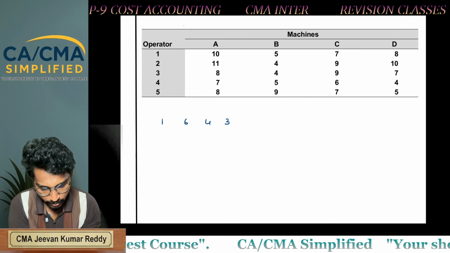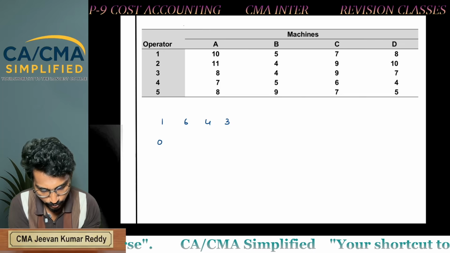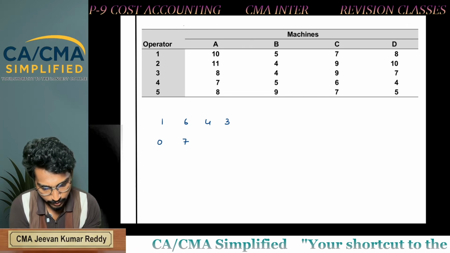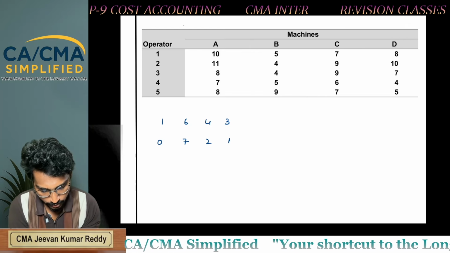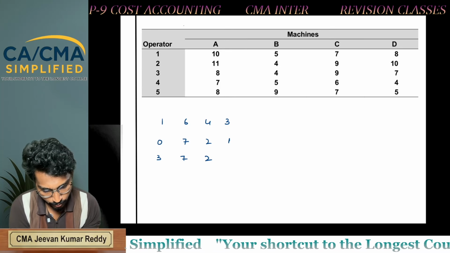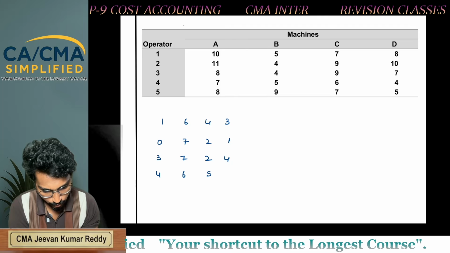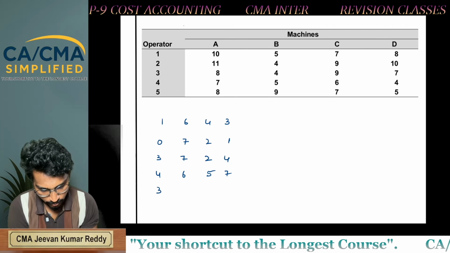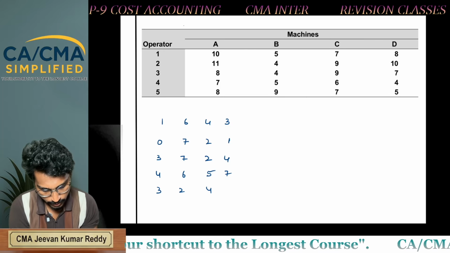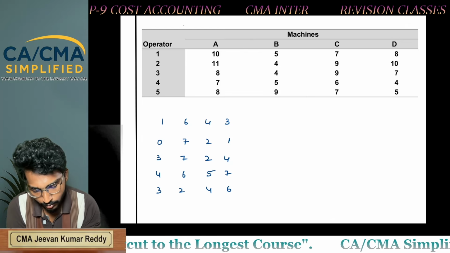Next, 11 minus 10, 1. 11 minus 11, 0. 11 minus 4, 7. 11 minus 9, 2. So this is the loss matrix.